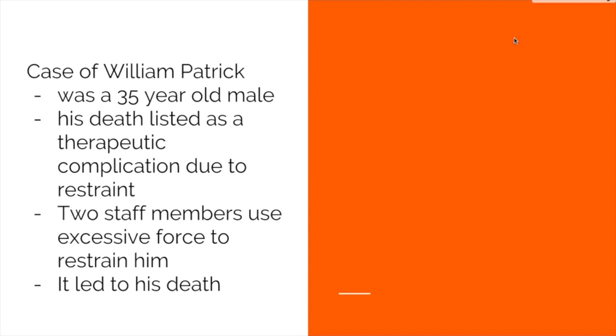Staff stepped in to assist, but things escalated. It said that once staff stepped in, it further agitated Mr. Patrick. The workers pinned him down to restrain him. Mr. Patrick turned blue, passed out, and never regained consciousness. He died at 35 years old.